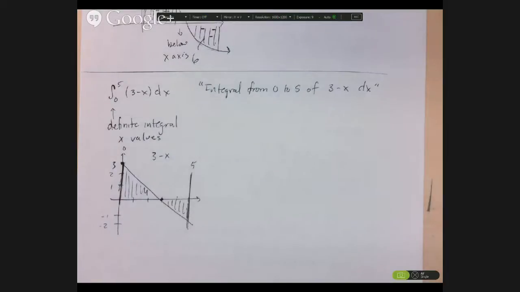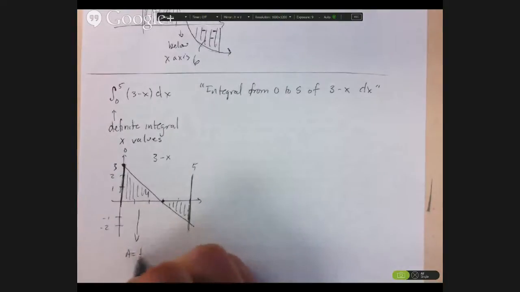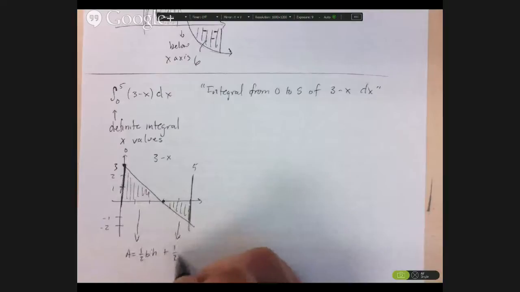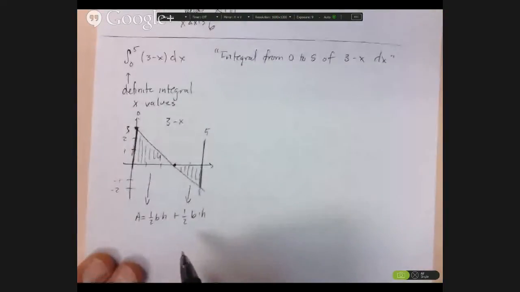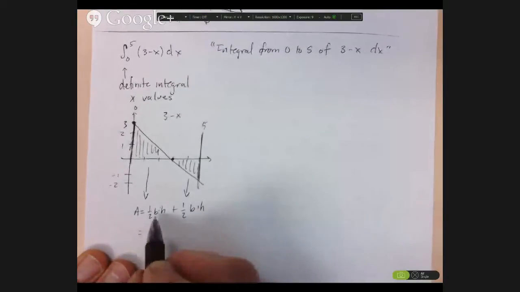As triangles, we can do this very easily, geometrically, right? So the base of this is 3, the height's 3.